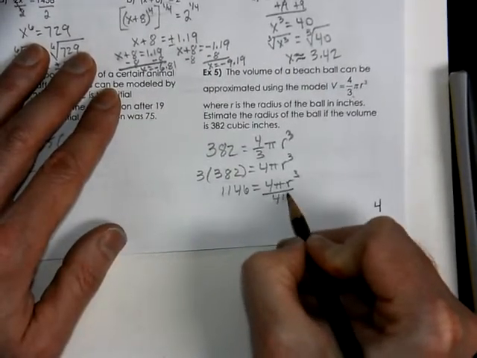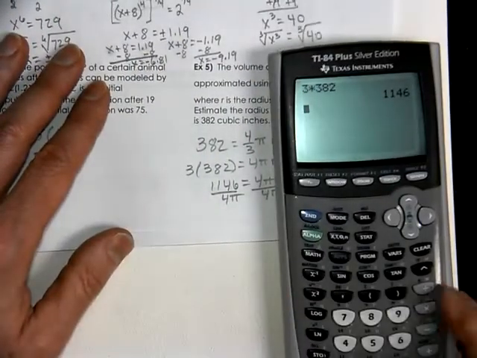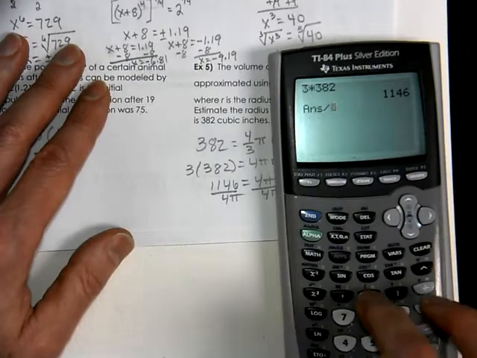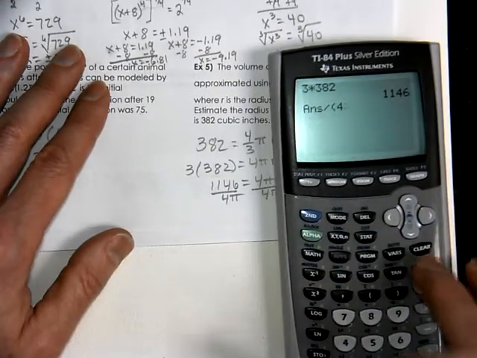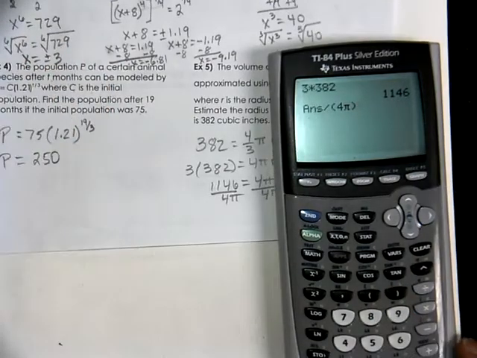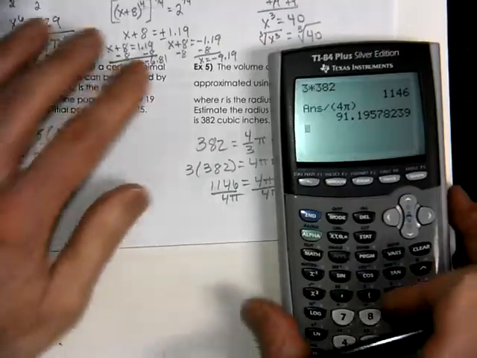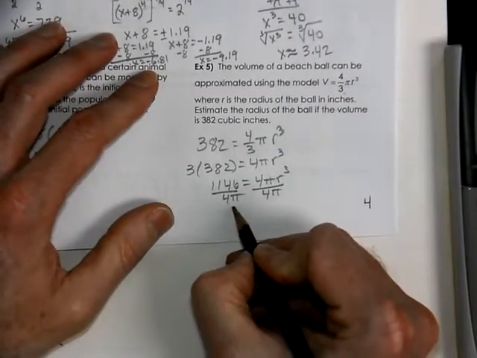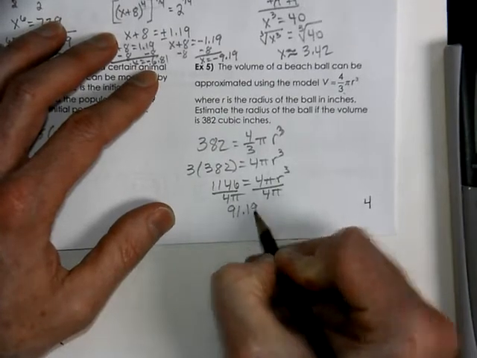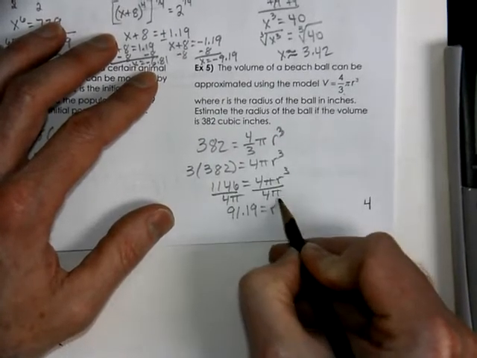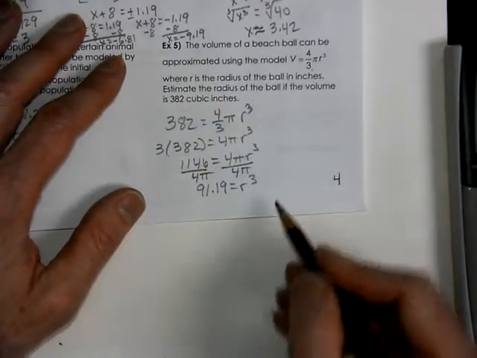Now we can divide by 4 pi. So we divide this. You should use parentheses. 4 pi, the pi key is at the caret key. That gives us 91.19. I'm going to put 19. It won't really matter because I'm going to use the exact value in my calculator anyway.